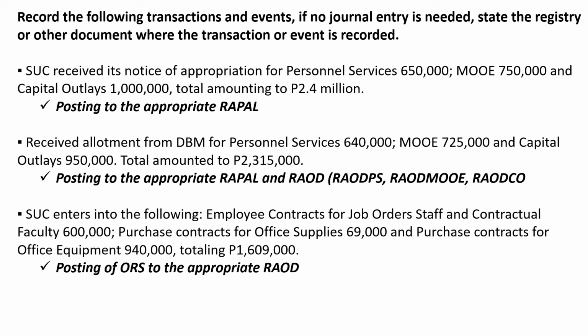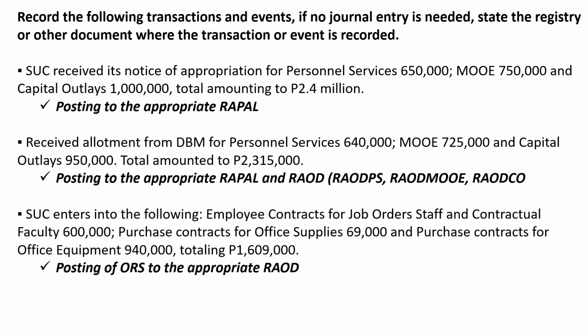So again, take note, enters into the following. So as you see here at this point, it only entered into contracts. It does not pay actual wages, it does not purchase the office supplies, it does not purchase the office equipment, but rather entered into contracts.